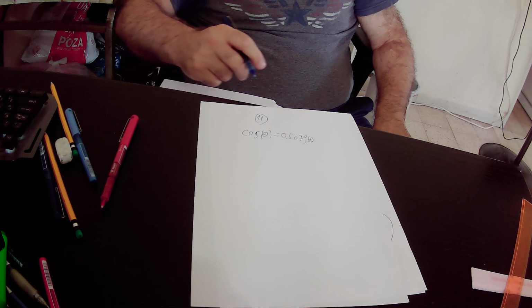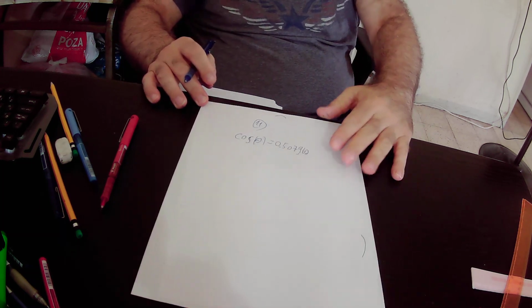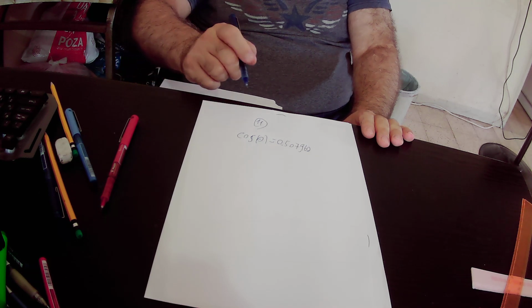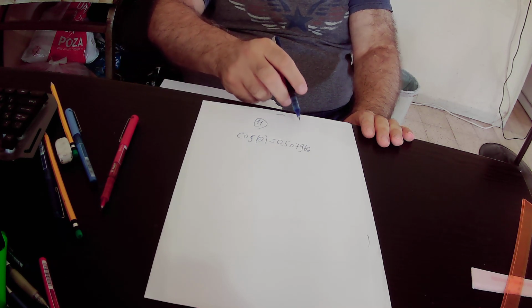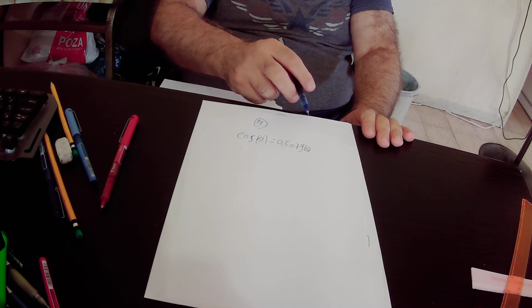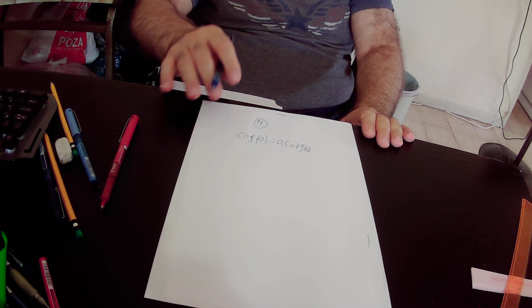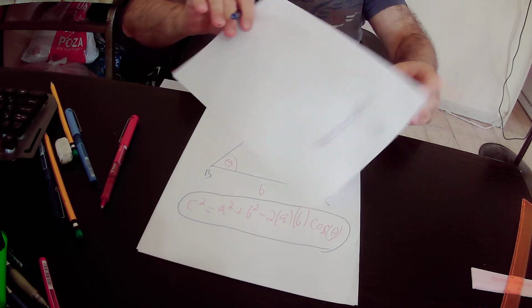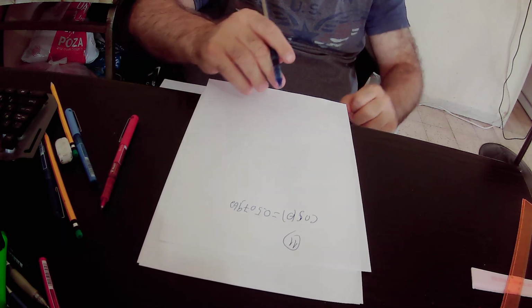Here, in order to find out the value of theta itself, we will operate the inverse function of cosinus on the outcome 0.507962 in order to find the value of theta. And the inverse function of cosinus is arc cosinus.